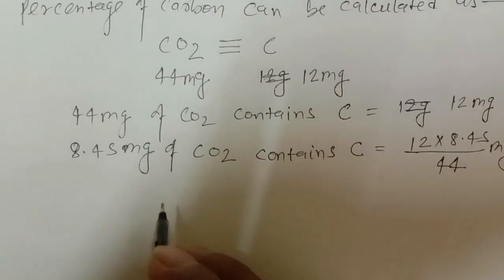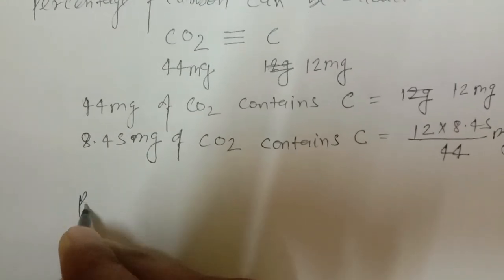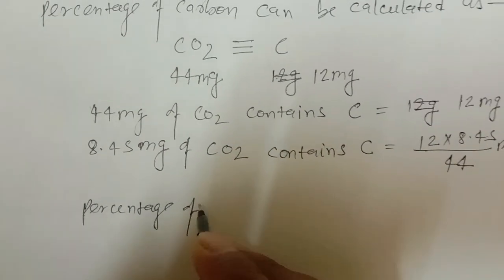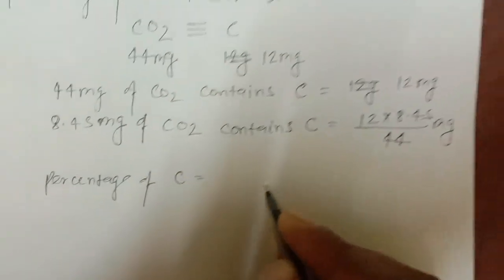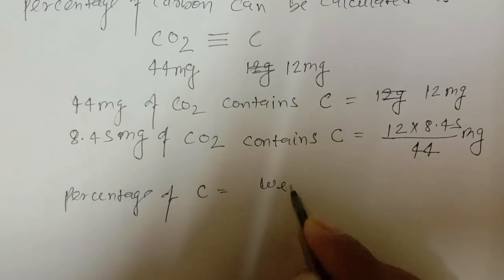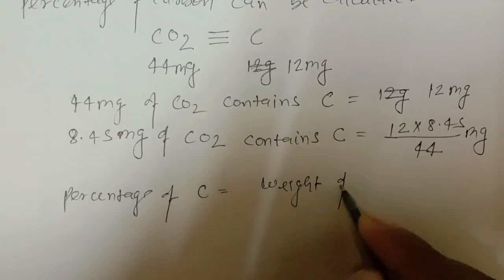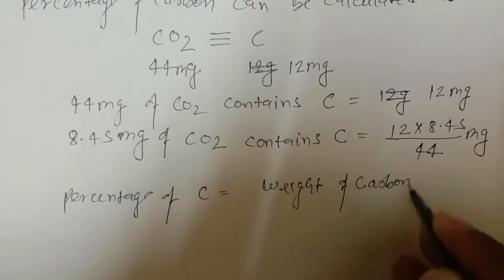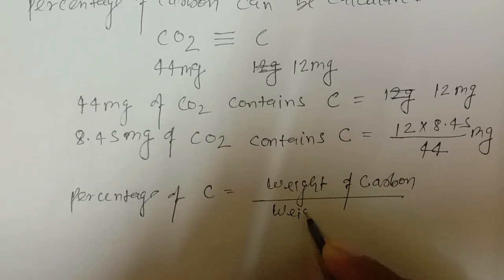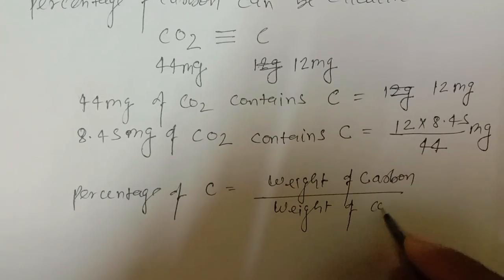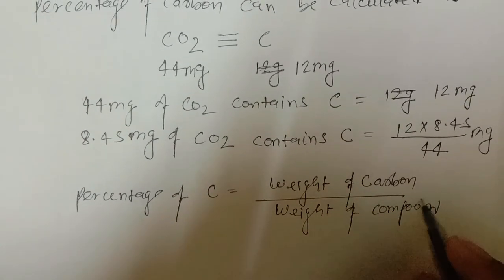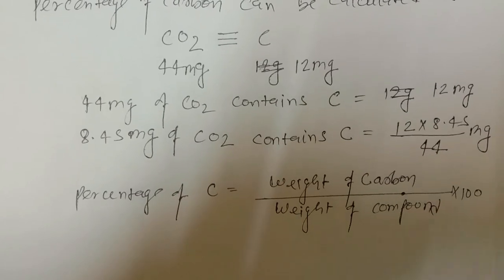Now we will calculate the percentage of carbon. Percentage of carbon equals weight of carbon upon weight of compound, into 100.